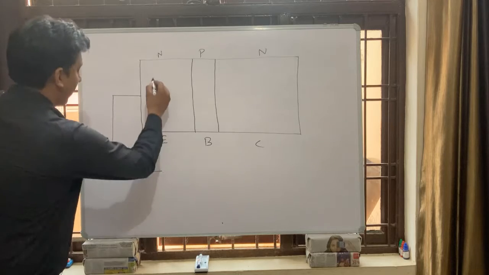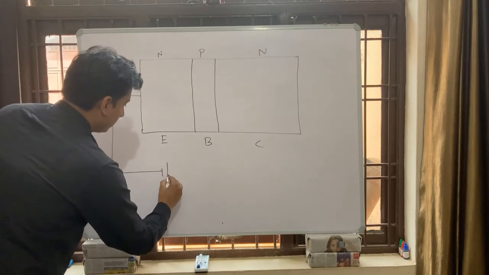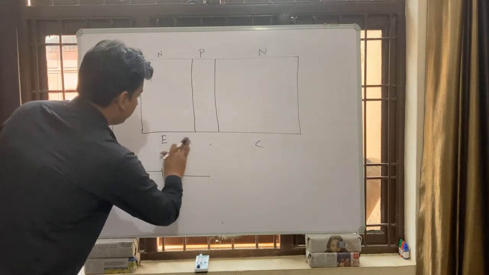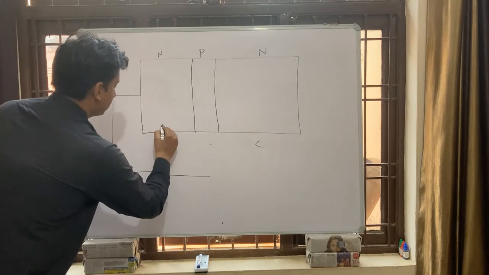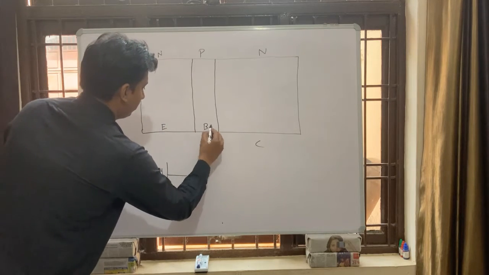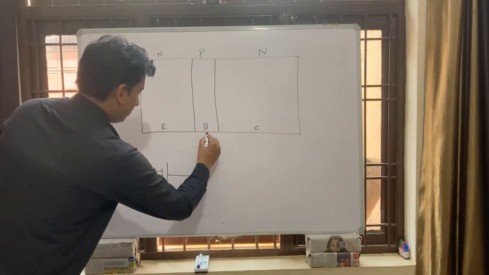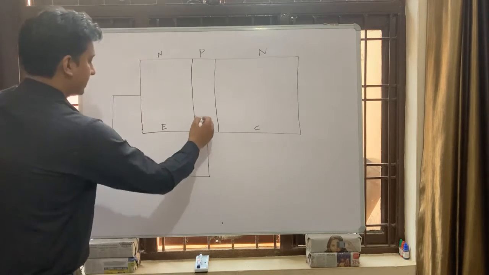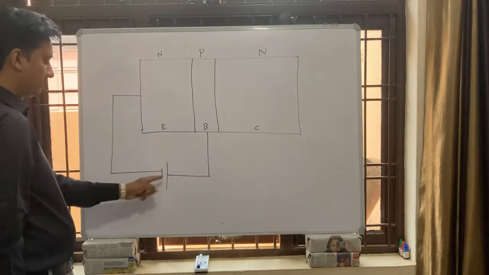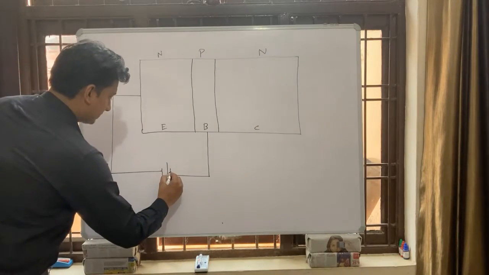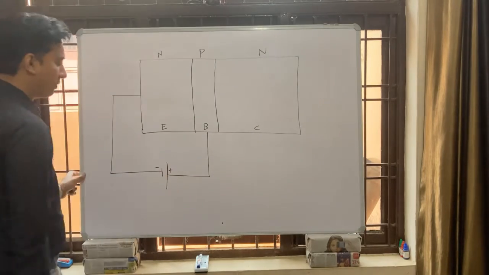So this is N, this is P, and again N. This is emitter, base, and this is collector. The base is connected with the plus side, and this is the minus side.